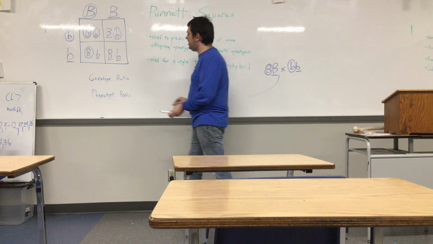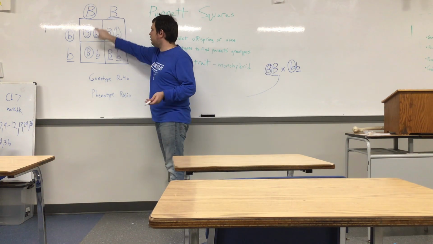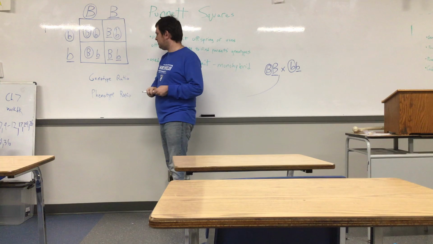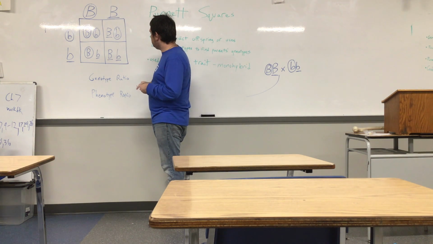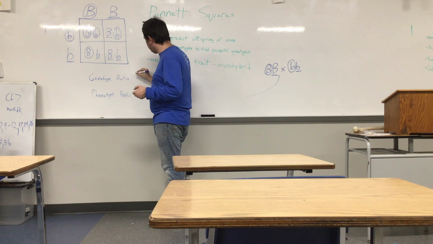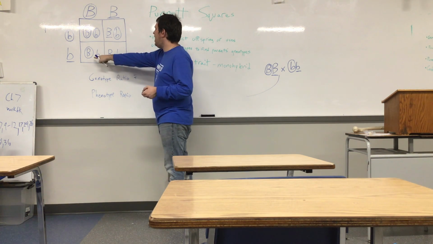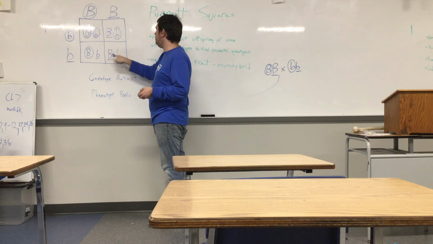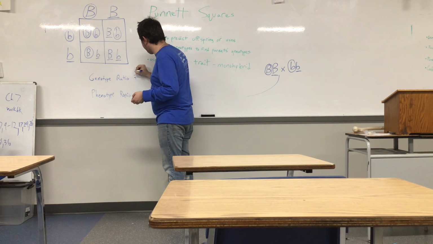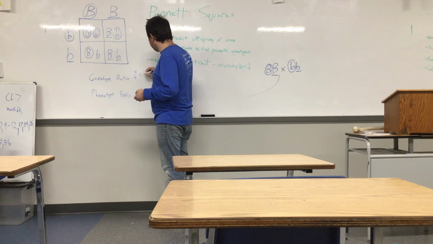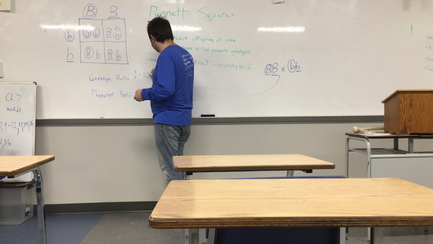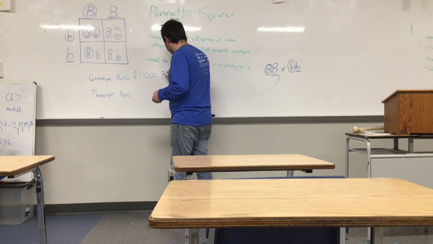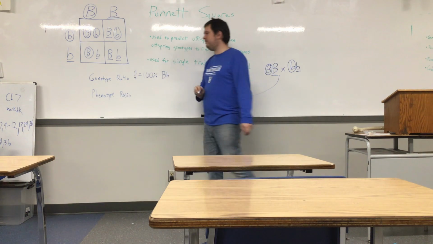So for this, each of these squares is worth 25%. So there are 4 possible squares, 4 possible combinations. How many of them are capital B, lowercase b? All 4 of them. Which gives us a 100% capital B, lowercase b.